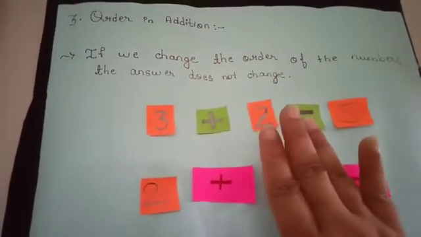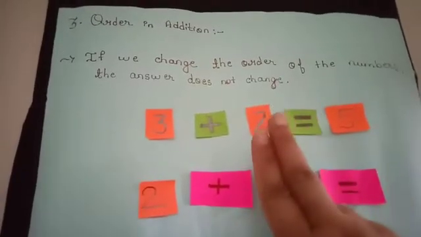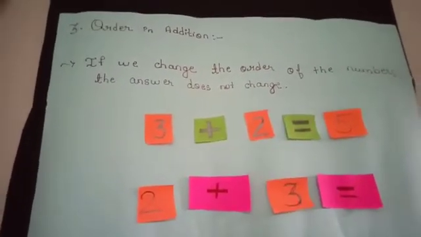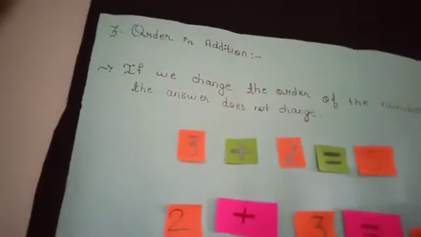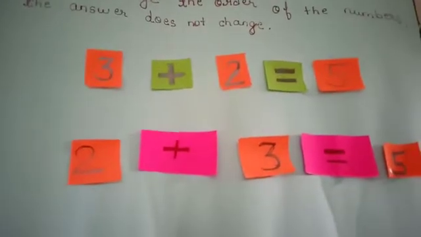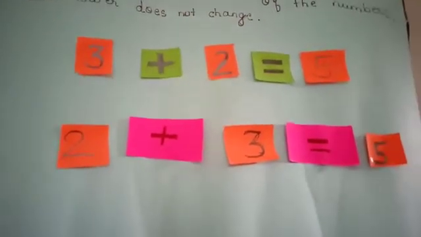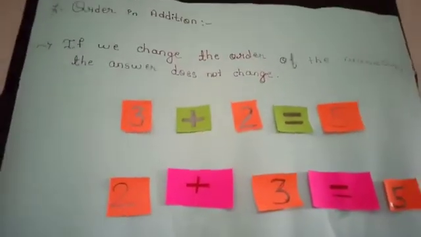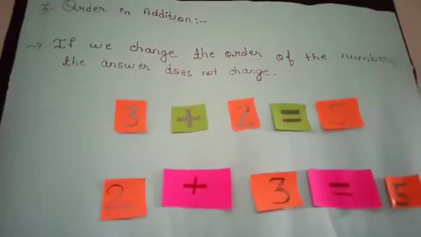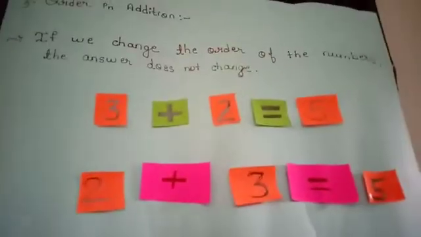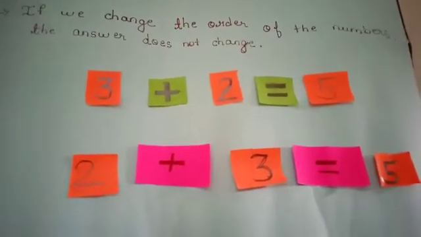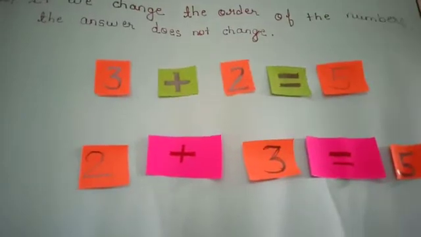After 3, what comes? 4, 5. So what is our sum? 5. Are both answers the same? Yes. So if we change the order of the numbers, the answer does not change. Whether you do 3 plus 2 or 2 plus 3, the answer will be the same.